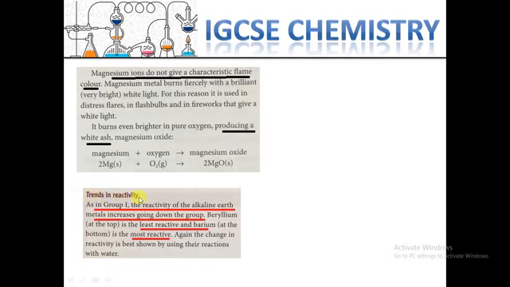And as in group 1, the reactivity of the alkaline earth metals increases going down the group. Same trend. But this is also a general trend on the periodic table. Once you move from the left, group 1, to group 8, which is the gases, on the right side, reactivity decreases.